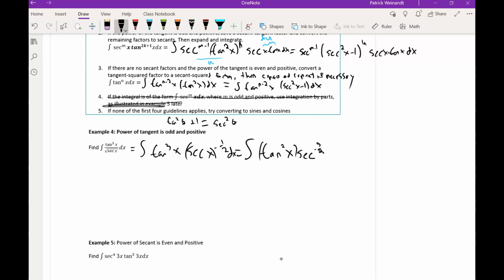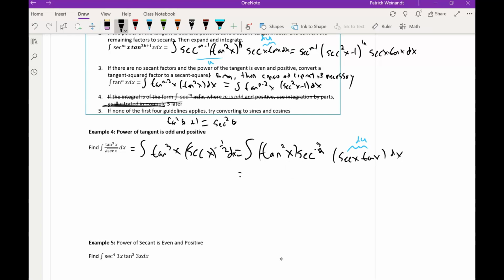Since we factored that out, we have this secant x tangent x. This is going to become our du, essentially, along with that dx. And what we want to do is convert everything so it's in terms of secants, and then this will essentially become our u.